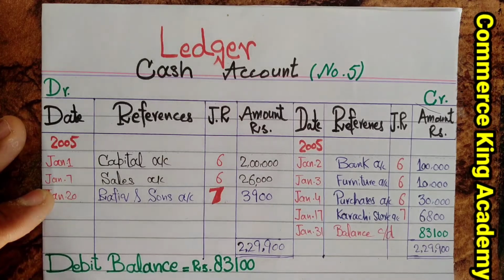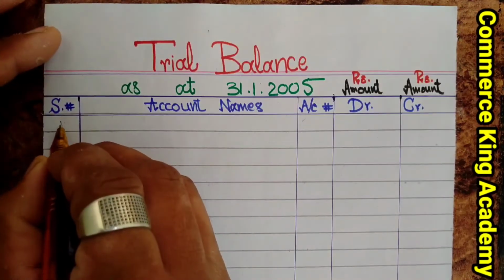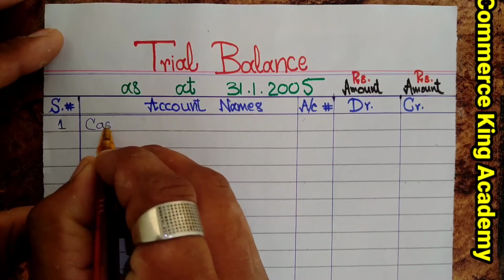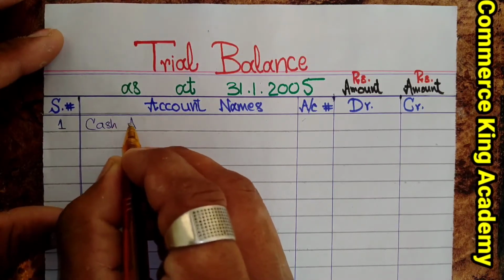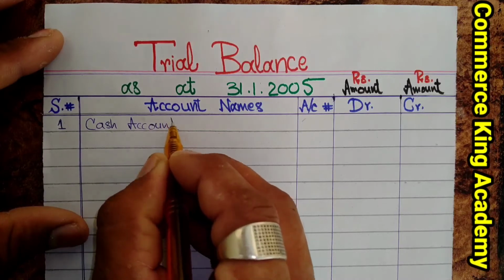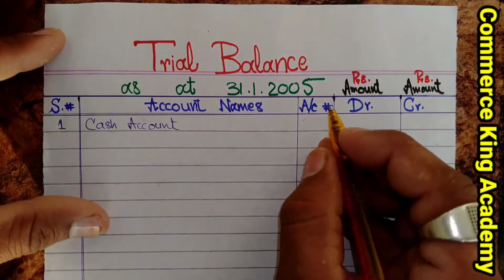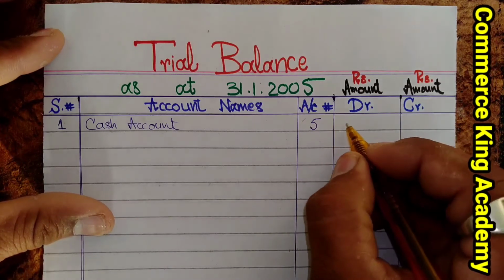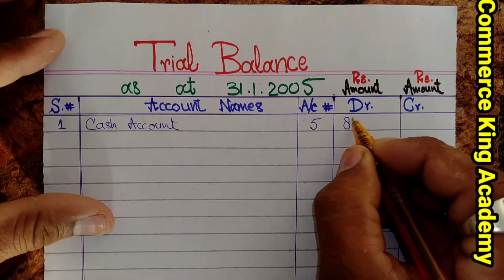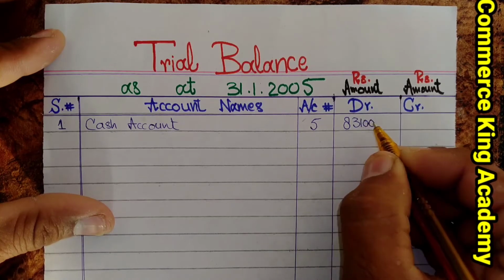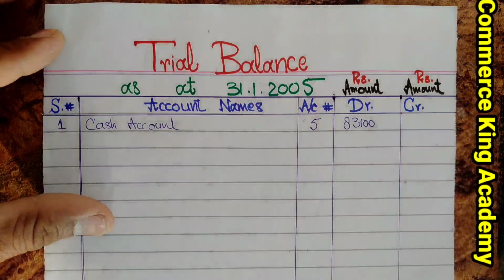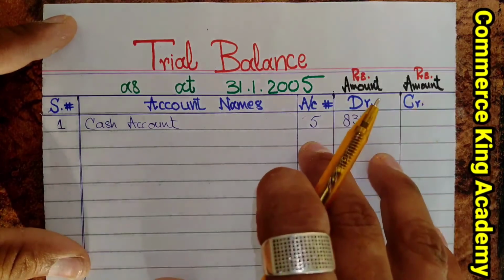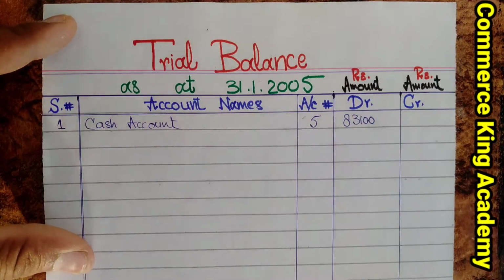You can see account number first, name cash account, with account number or ledger folio number 5, debit amount 8,000 and 3,100 rupees. The first ledger account's entry has been completed here. Now we will move toward the next.